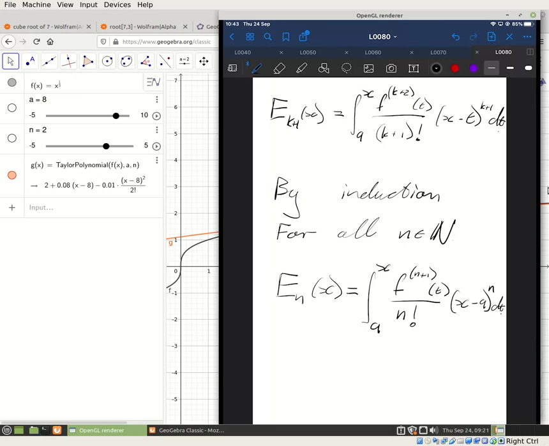Let me just double check that this is written correctly. Yes. Okay. So here we have now proven by induction that the error that we are making at x between our function value f of x and its Taylor polynomial for f about a evaluated at x, that error is given by this expression.